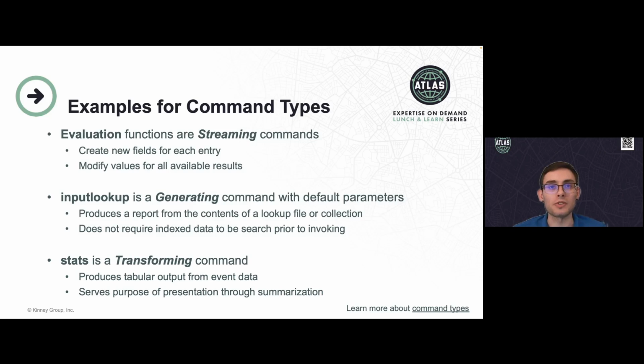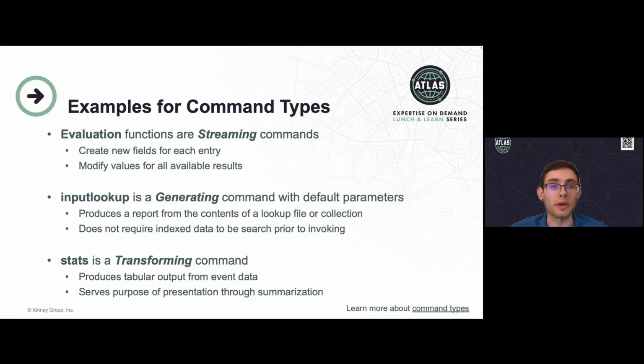Input lookup is possibly one of the most common generating commands that I see because someone is intending to source a data set stored in a CSV file or a KV store collection, and you're able to bring that back as a report and use that logic in your queries. So that is not requiring the index data or any index data to actually return the results that you want to see.